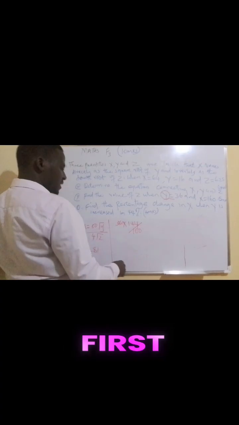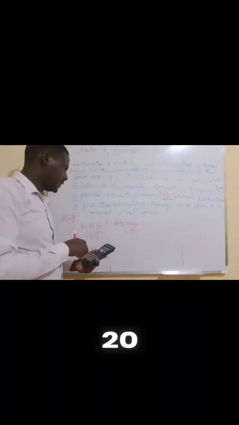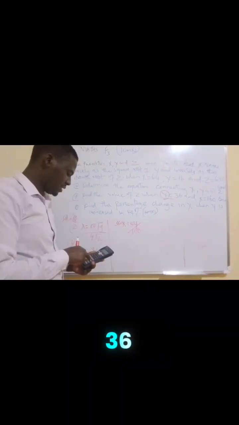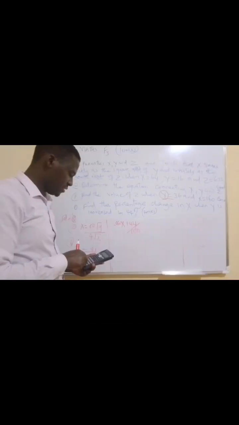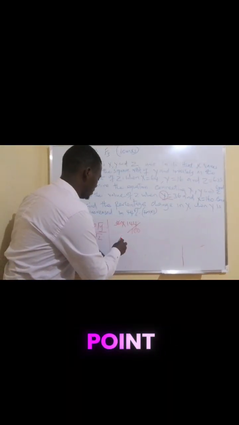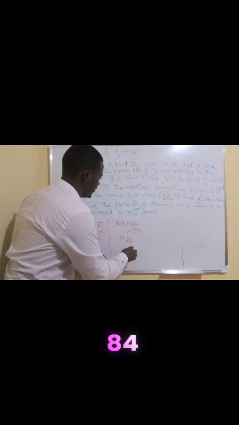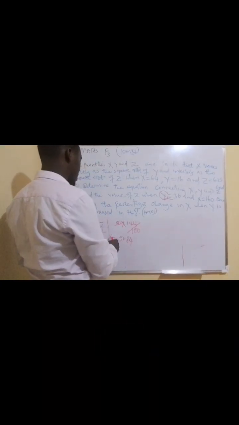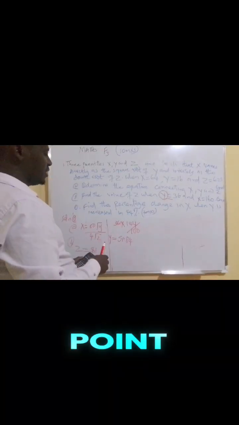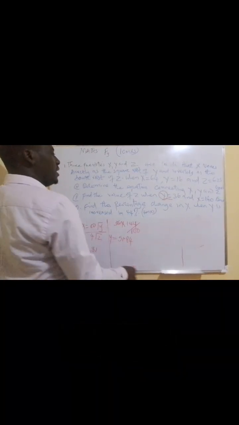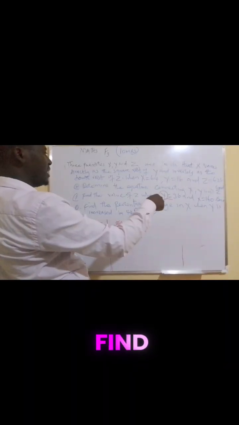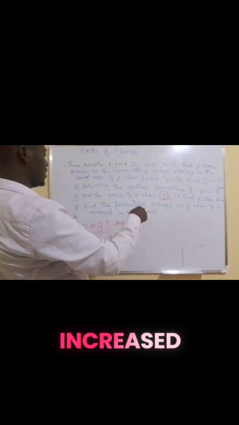Let me get my calculator. 36 times 144 over 100 is 51.84. That's the new value of y, when y is increased by 44%.